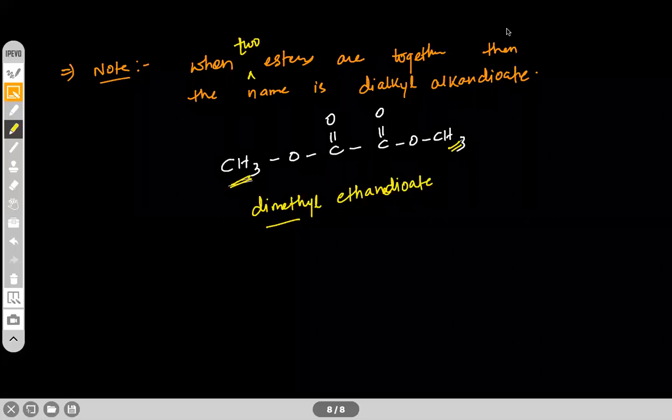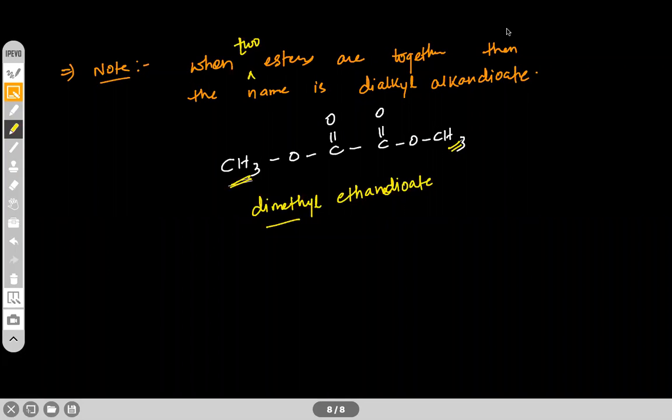You should not have any alkyl group between the 2 C double bond O groups. Symmetrical, we can take this side, alkyl group may be different. Means methyl ethyl is possible. Okay, so this is ester.